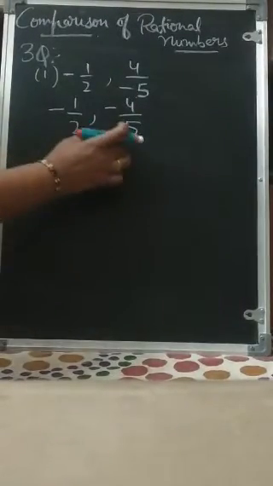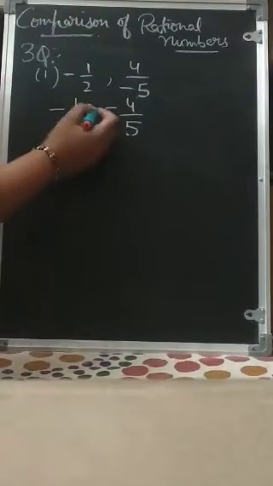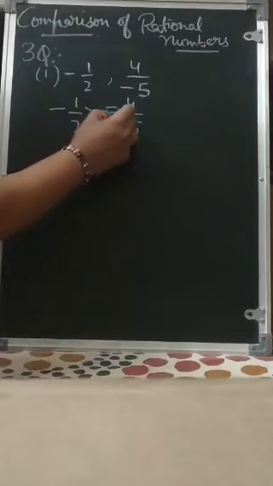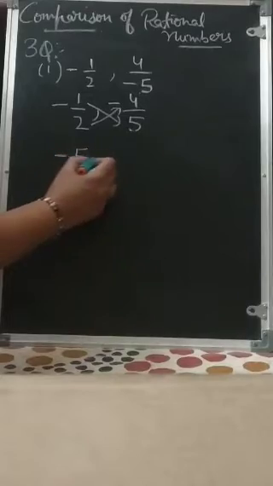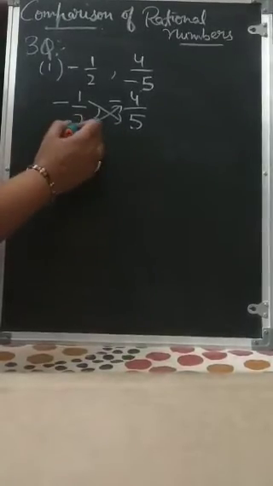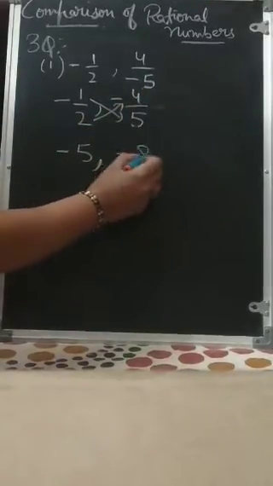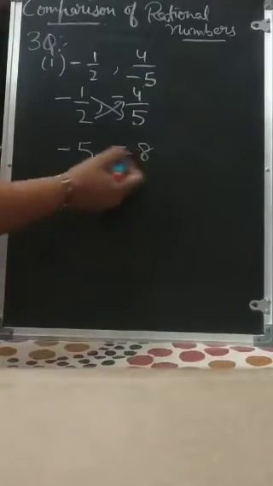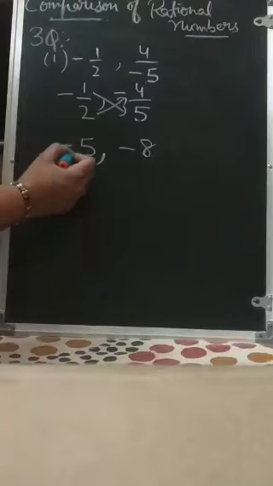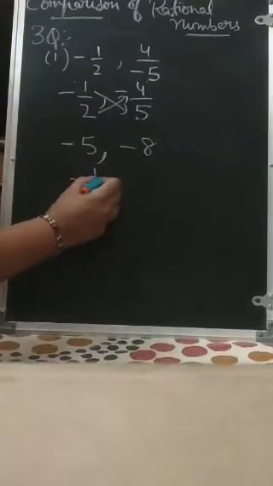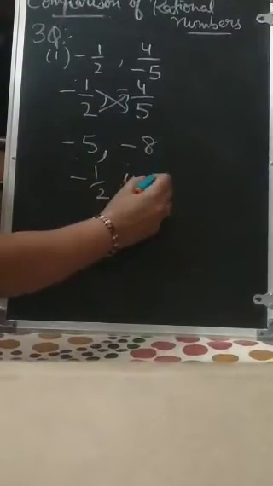Denominator should be positive. Now you cross multiply to check. 5 multiply minus 1, what will come? Minus 5. And 2 multiply minus 4, minus 8. So which is big, minus 5 or minus 8? Minus 5 is big. That's why our minus 1 by 2 rational number is greater.